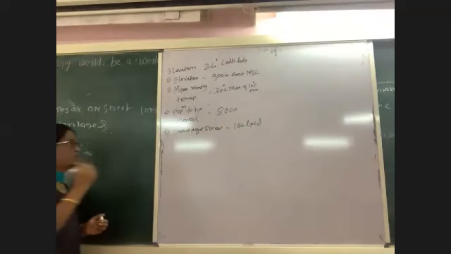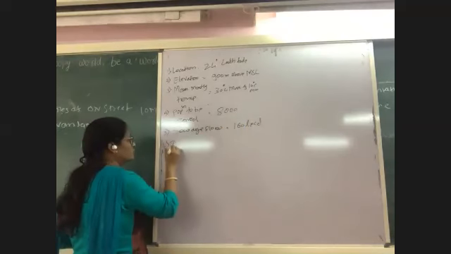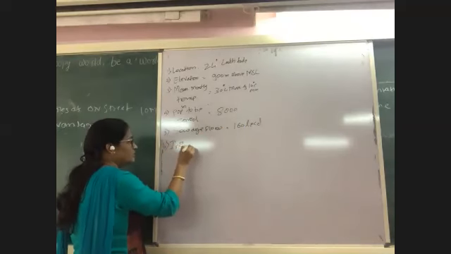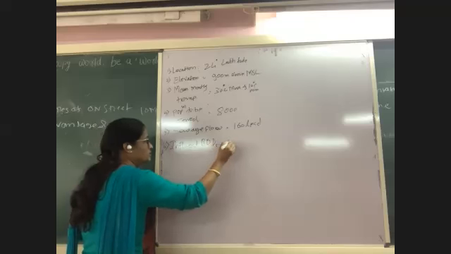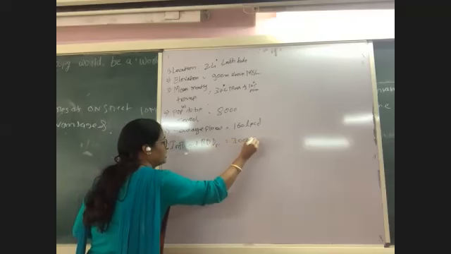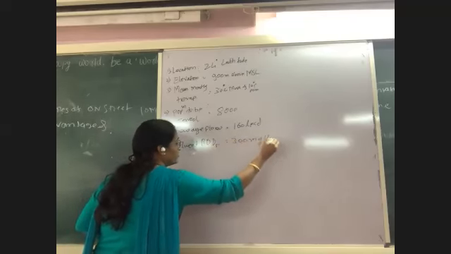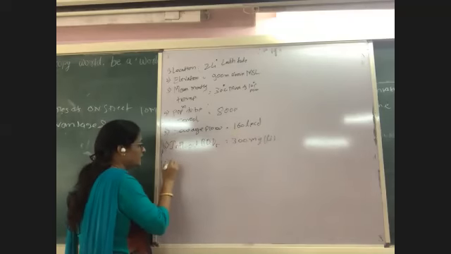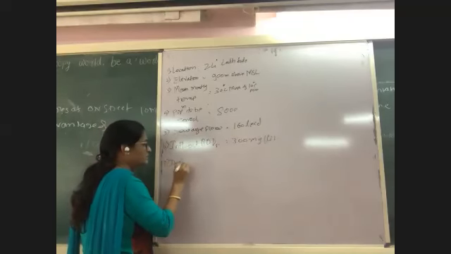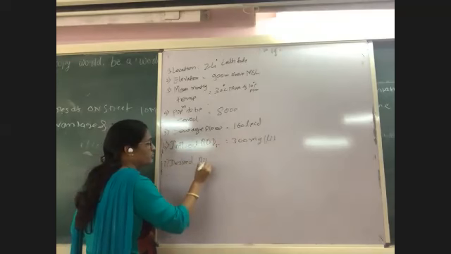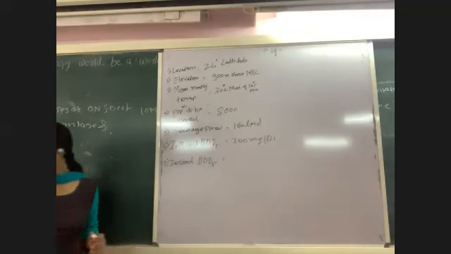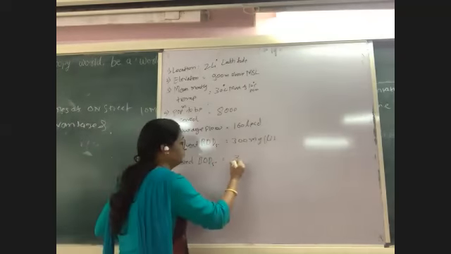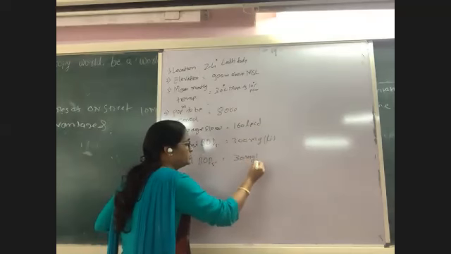Then influent BOD, sixth data is given to you. BOD5 is equal to 300 milligram per liter. Then seventh data, desired BOD5 is given to you, 30 milligram per liter.